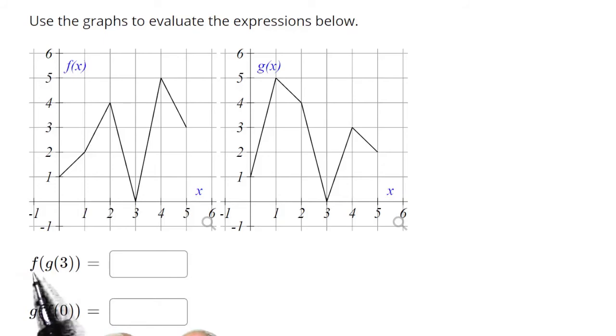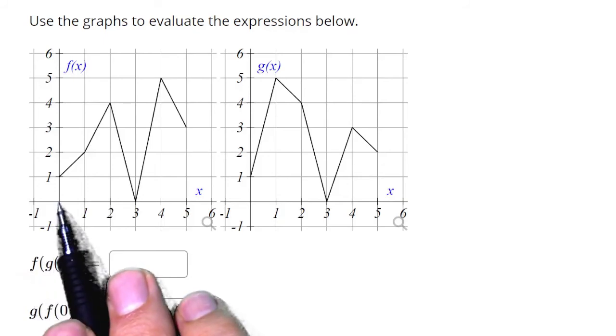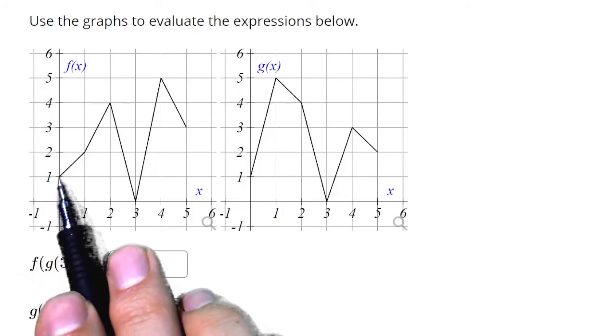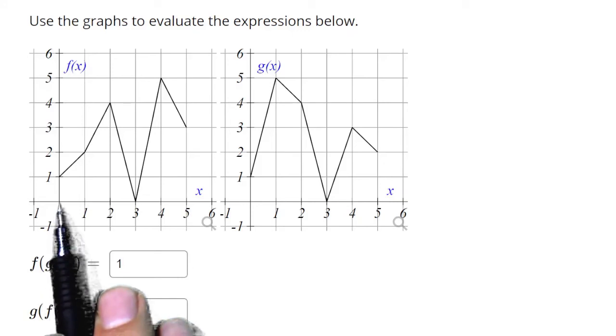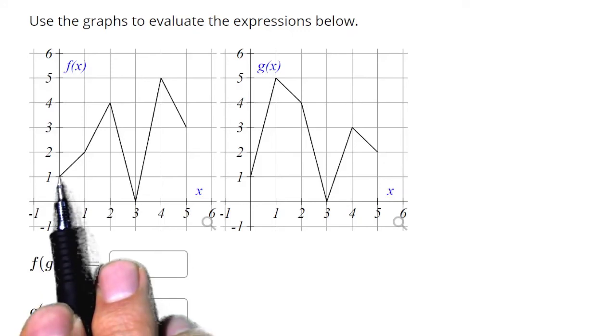What's f of 0? Well, that's the height of the graph above 0 for the graph of f. The height of the graph above 0 is 1. So f of g of 3 is 1. Let's try the next one. G of f of 0. Well, let's compute what f of 0 is. F of 0 is the height of the graph of f above 0, which is 1.